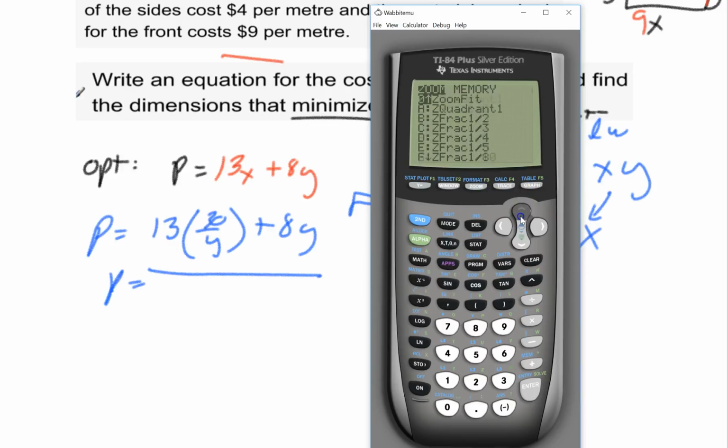Go to zoom, hit zoom fit. It tries to find a good window for you. It looks around until I get something to this effect. That's one way. But I'm not the biggest fan because sometimes it gives you stuff way off. Look at that, it's going all the way over there. So that's one way to do it.